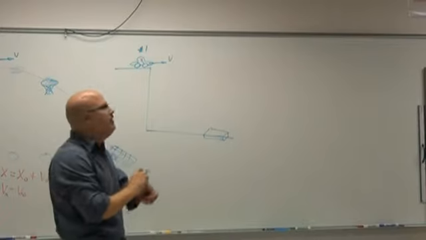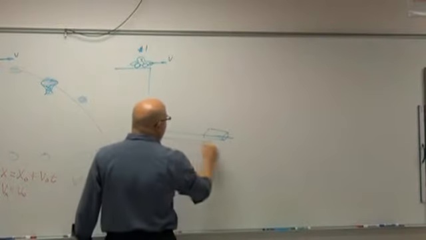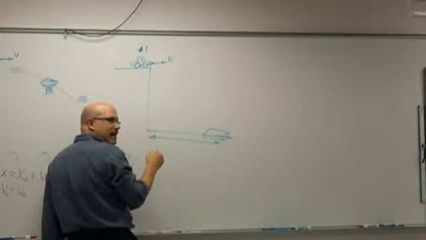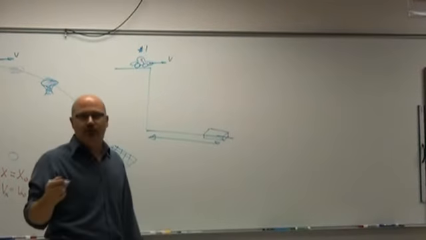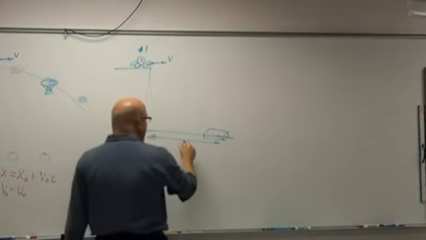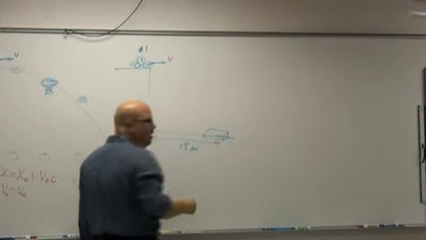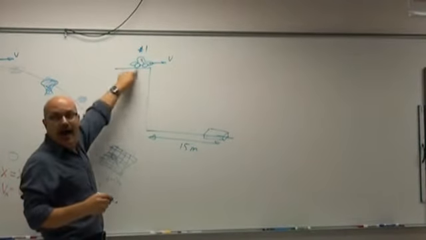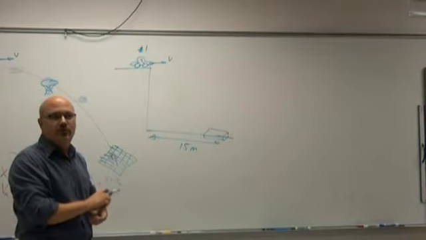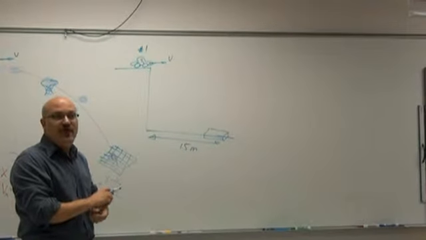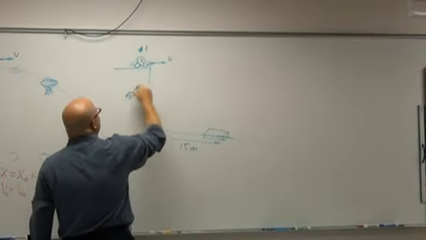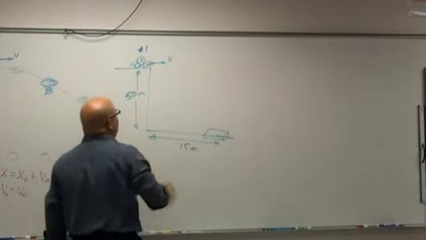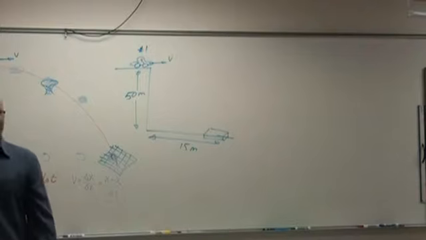Let's say you tell your friend, look, I'm going to place this big mattress down here at, how many meters do you want? 15 meters? 30. So now you have to find out how fast you have to go. How tall is our cliff? 50 meters.